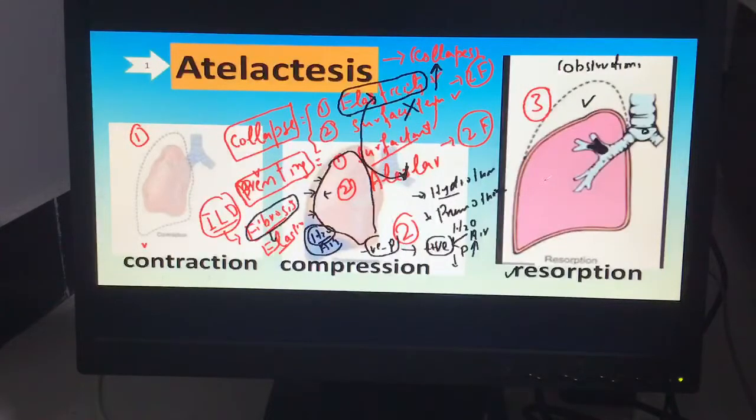Why does it collapse? Again, go back to the four forces: elasticity, surface tension, surfactant, and alveolar air.